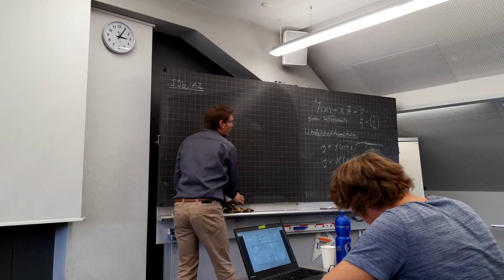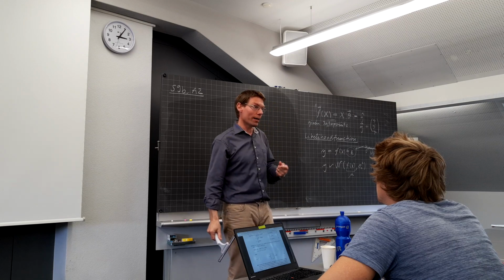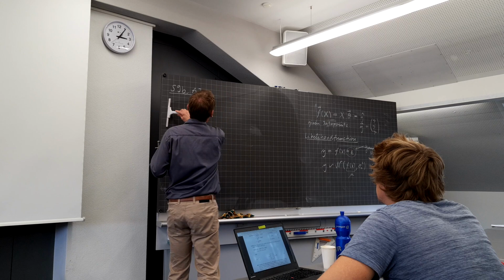And the likelihood is actually the probability that I find a given data point given a model. So it's the probability of y.